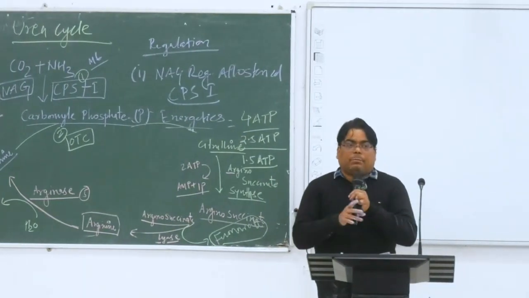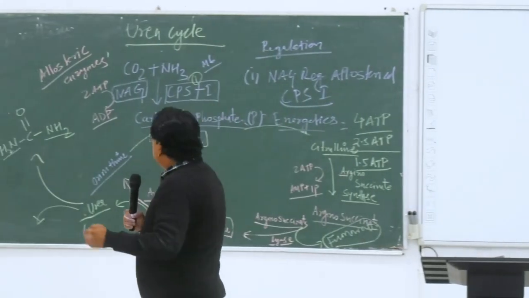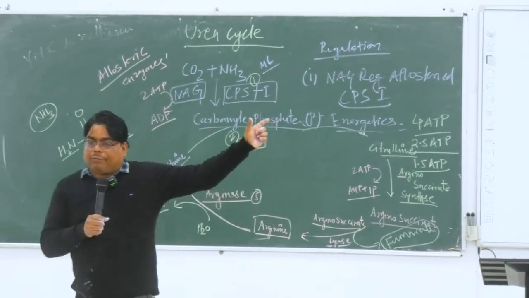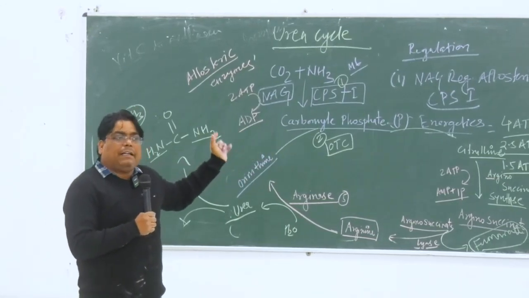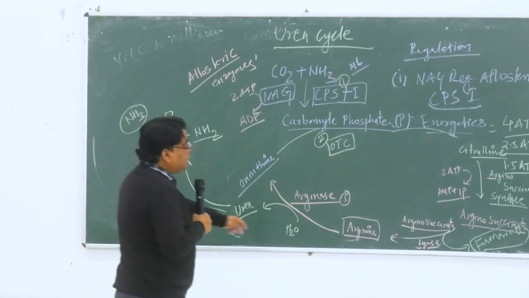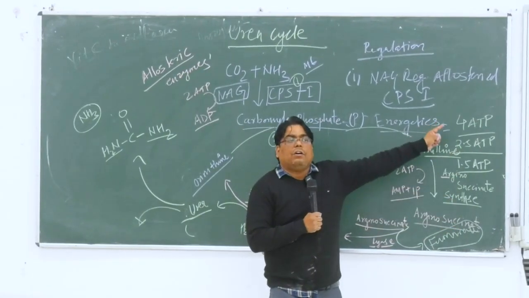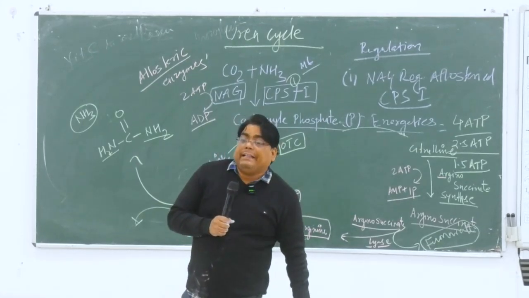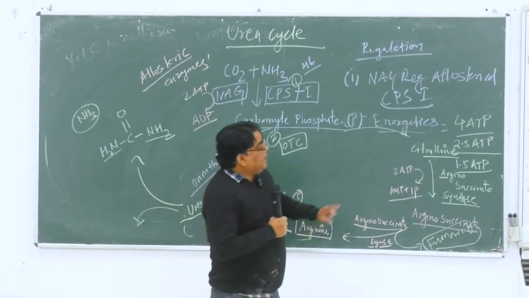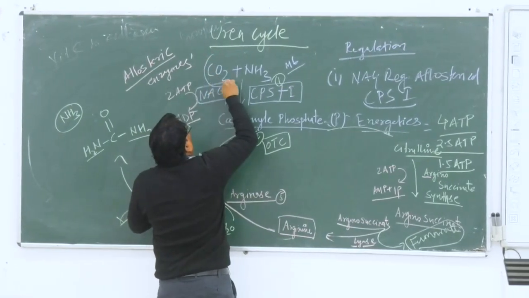Now, why am I telling you this is a bicycle? Because both cycles, the urea cycle on one side and the TCA cycle on the other, proceed simultaneously. This fumarate is converted into malate and this malate is converted into oxaloacetate. It provides substrate for TCA. First thing, they are interconnected with each other. Now the second thing is CO2.